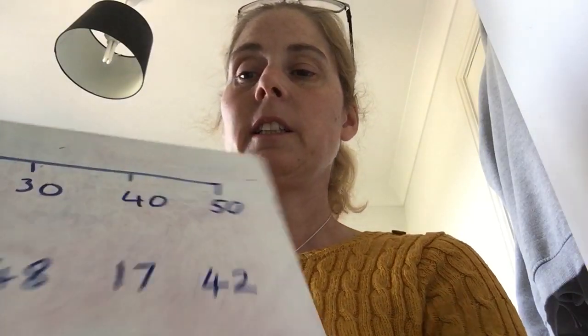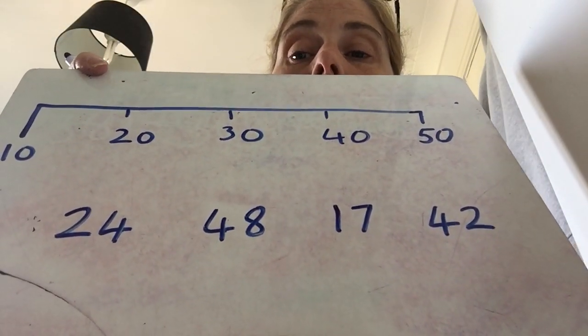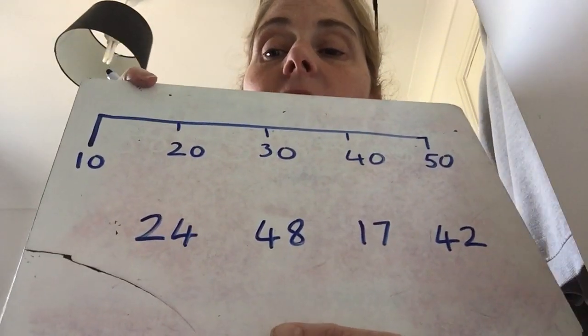Okay, so for example, if I gave you these 4 numbers and I said to you, where do you think these numbers would go on the number line?